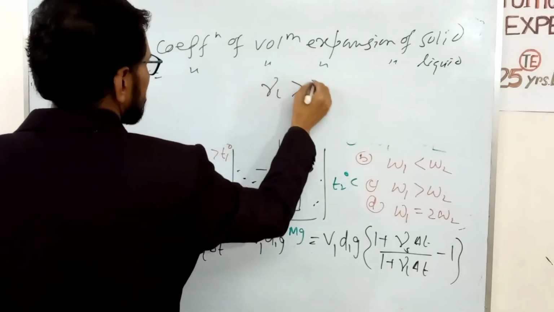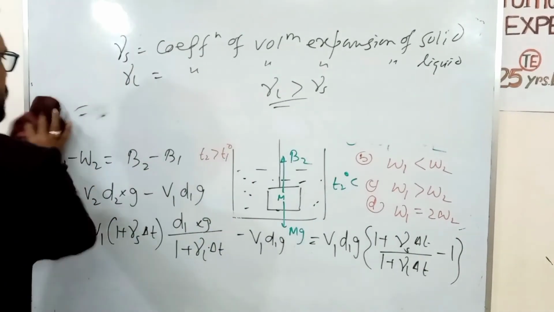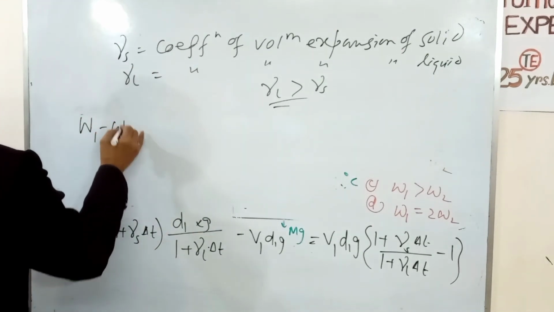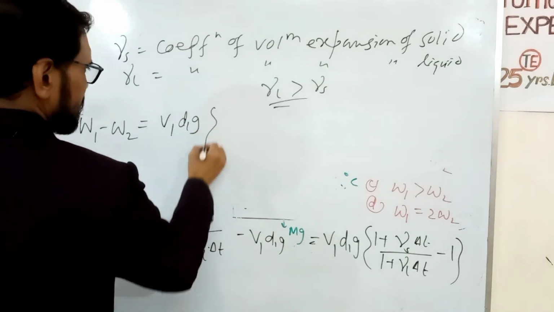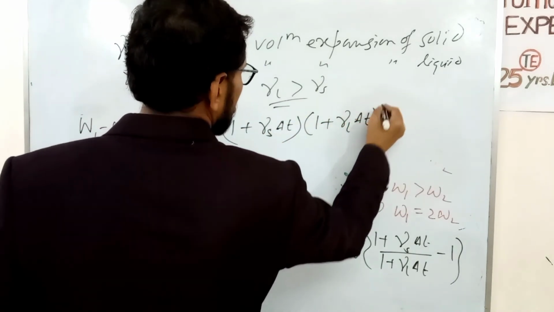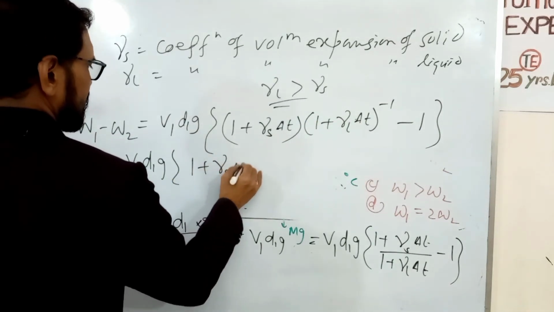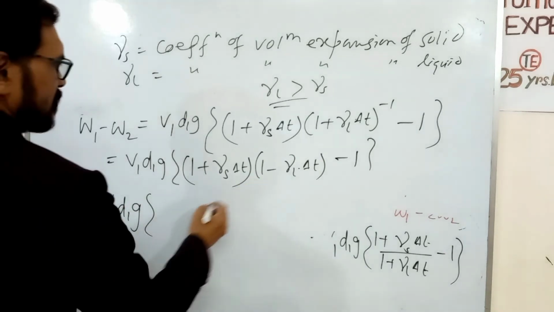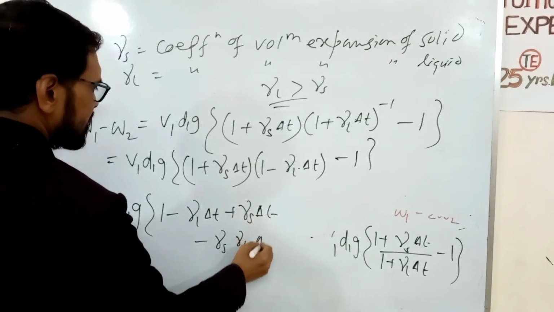We know gamma L is always greater than gamma S. So if we calculate this, W1 minus W2 equals, on multiplying out, 1 minus gamma L del T plus gamma S del T minus gamma S gamma L del T square, minus 1.